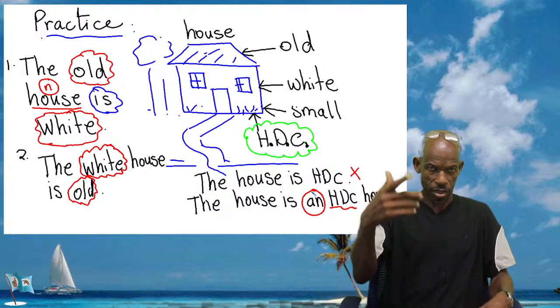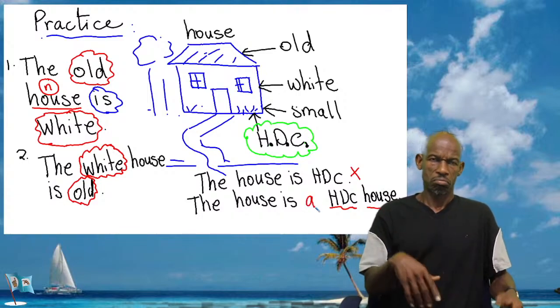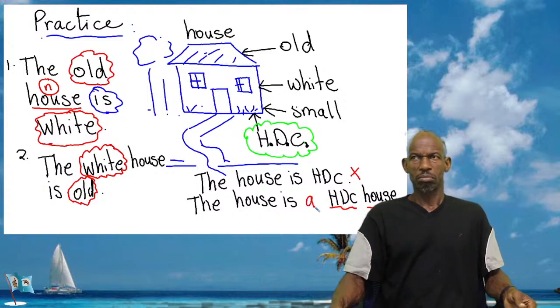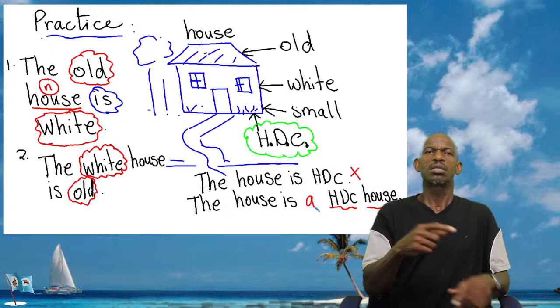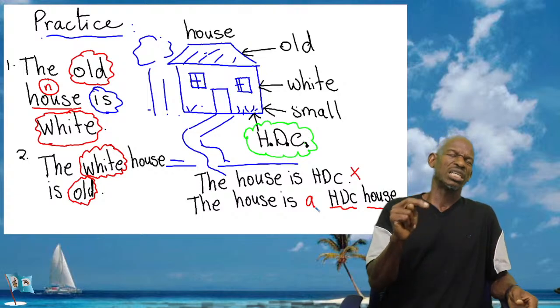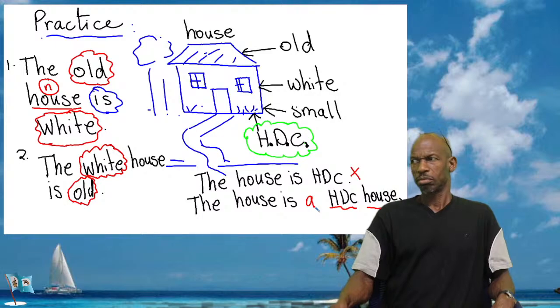But it's best to say, we can say a HDC house, and I will take that correction, instead of an HDC house. But sometimes when we talk, we say an, right? So in the speech itself, when I'm speaking, it was easier to say an than a because of the sound of the H. Okay?